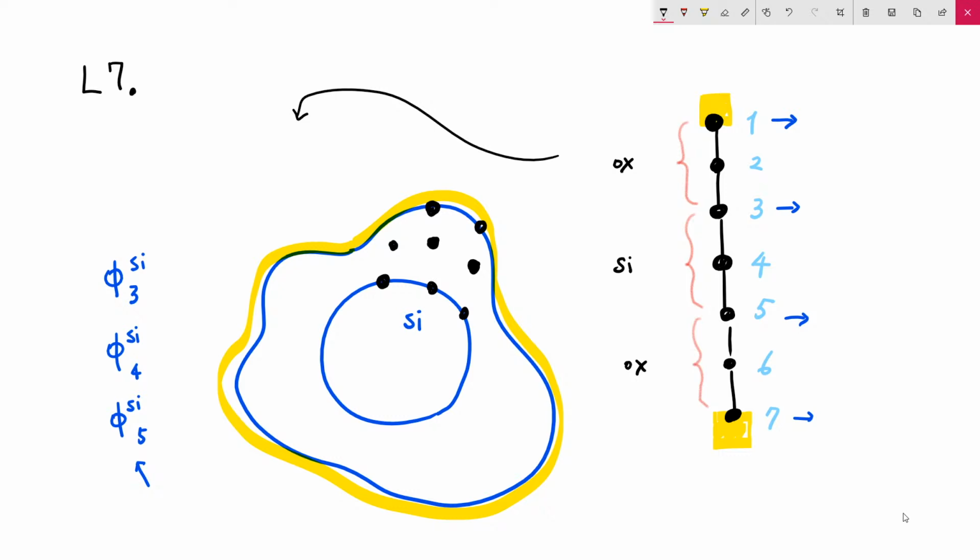Yes, so this is a two-dimensional case. Here we have a certain surface potential, and here we have the potential governed by the gate voltage. However, along this line and this line and along any line, there is no guarantee that the potential varies linearly when we change the coordinate.